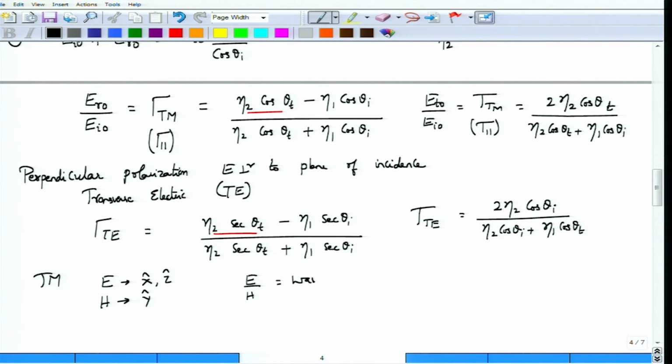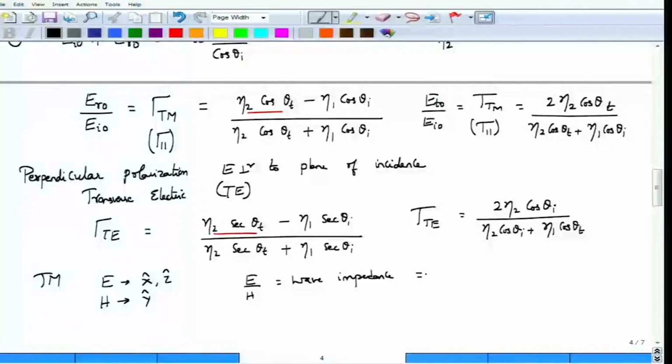But wave impedance is actually defined only for the transverse components, because the direction of propagation we have taken to be the z axis, the component of E along z is not considered, and you need to define the wave impedance in terms of its transverse components, which is Ex to Hy, right.